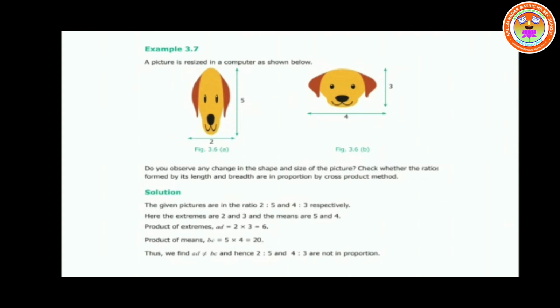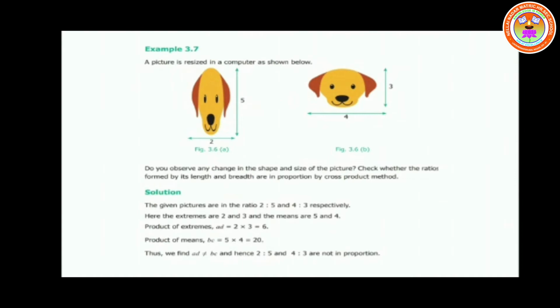In the place of B you have 5 and in the place of C you have 4, so 5 4s are 20. Are both equal? No. The product of the extremes is 6 and the product of the means is 20. So we find AD is not equal to BC.